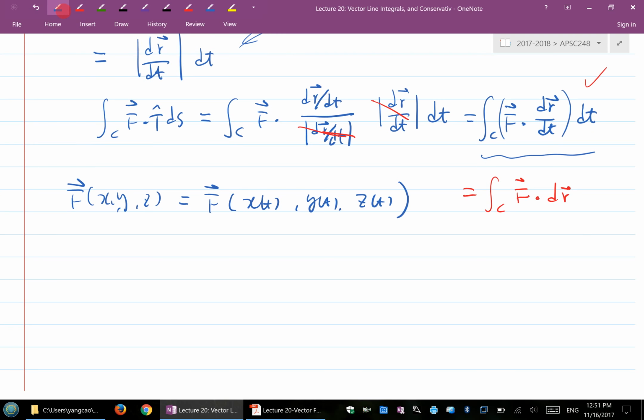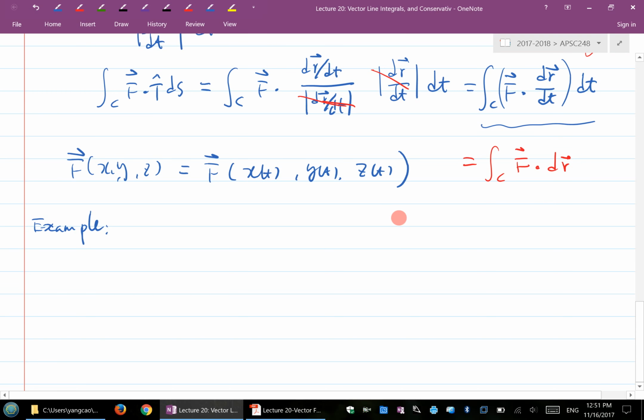Okay, so let's take a look at a very simple example, just to get some idea of how to do this type of question. So I have a vector field. It's a 3D field for sure.